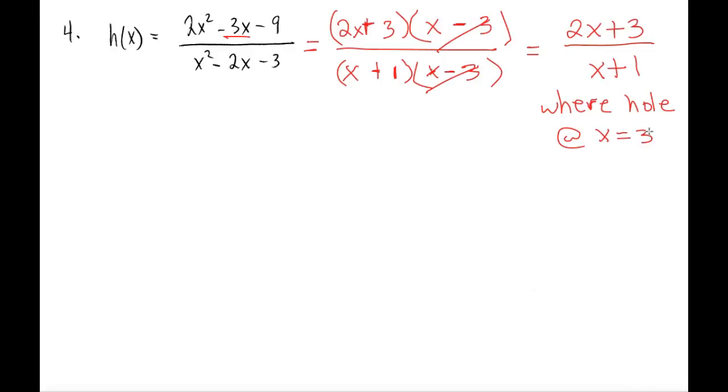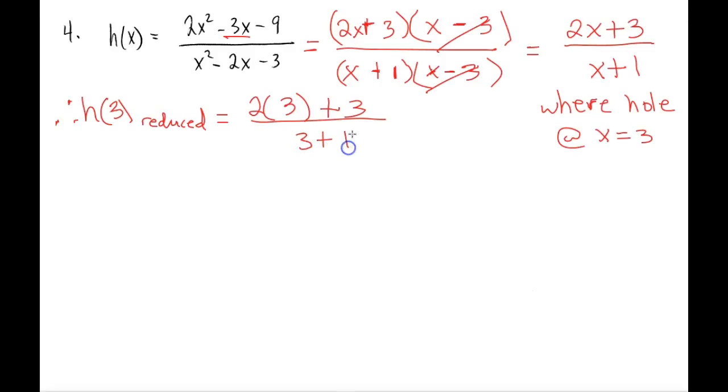Since we have a hole, we're going to plug in 3 into our reduced form of our function to figure out where the actual point location is by finding the y value. So if we come here, we have h of 3, and this is in reduced form. This will be 2 times 3 plus 3, all that divided by 3 plus 1.